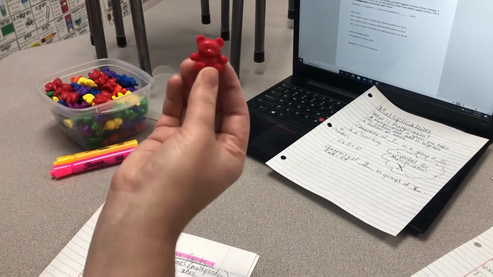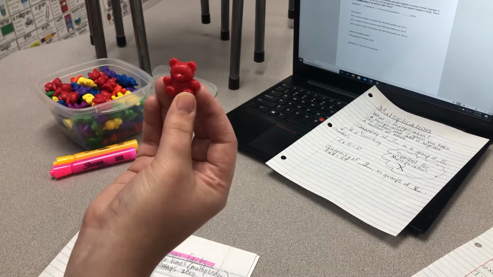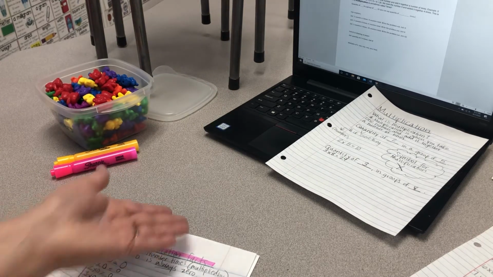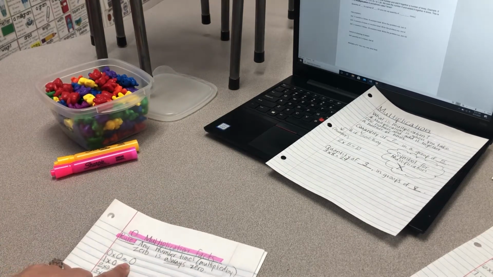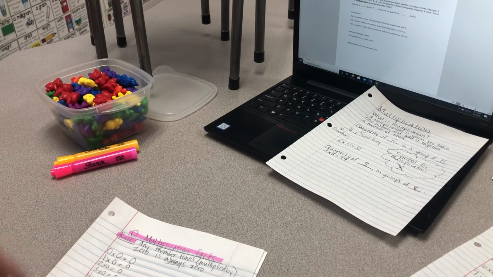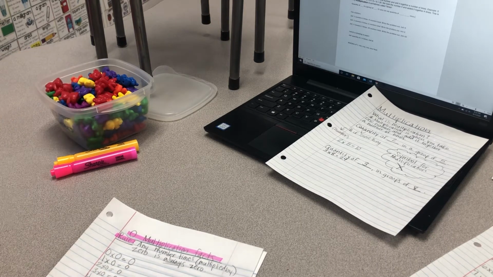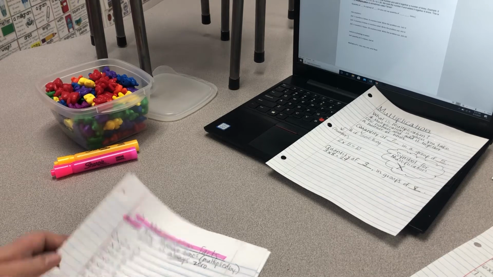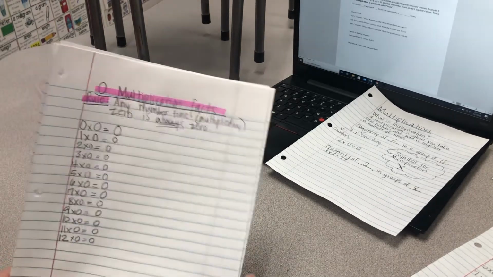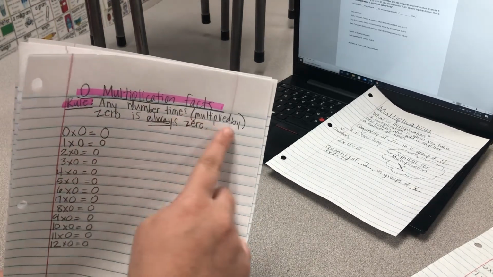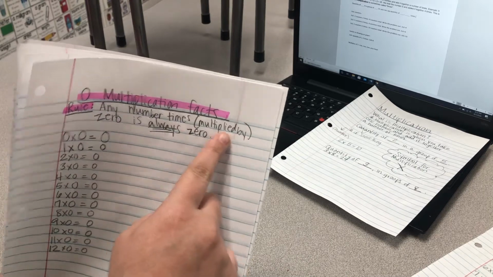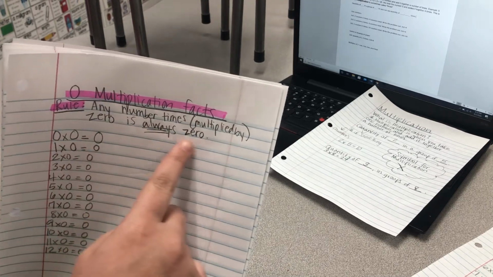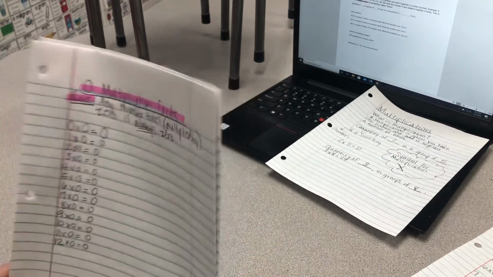If I don't need this quantity in any groups, how many's left? 0. So that's literally what that means, okay? So our zeros are super, super easy, just like with Jack Hartman, you saw. Any number times, which means multiplied by 0, is always 0, okay?